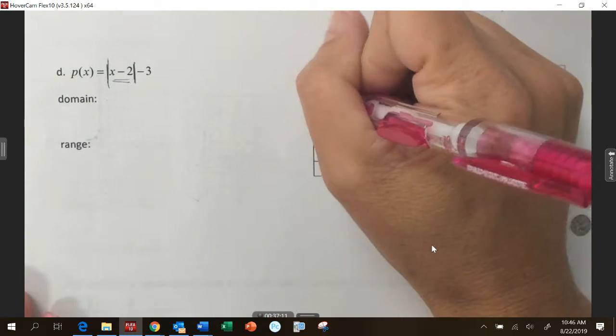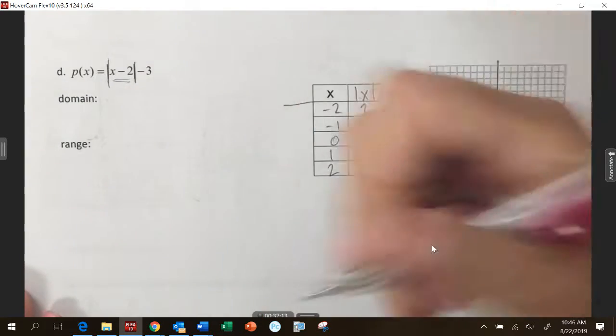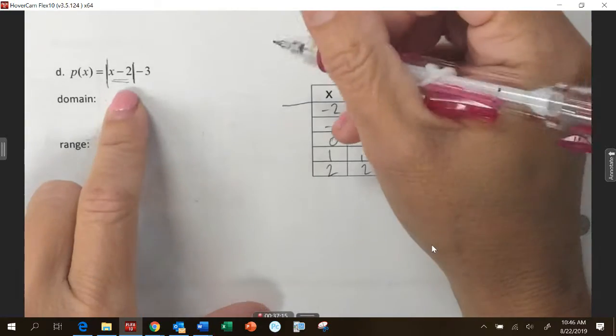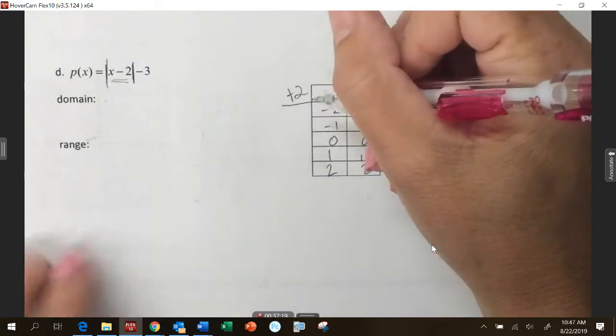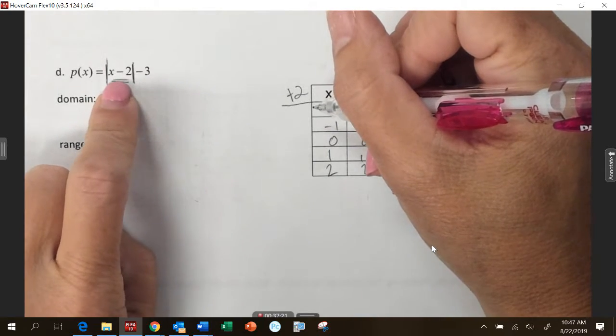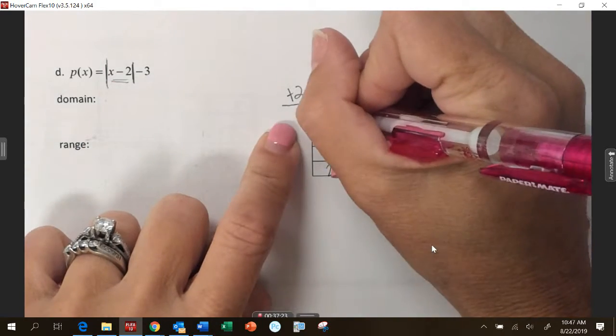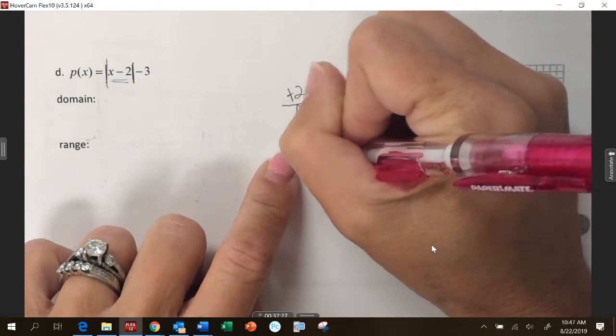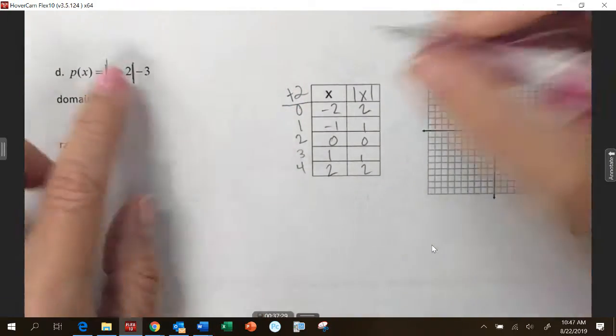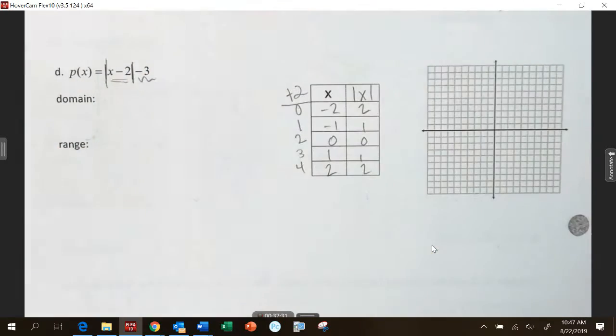Thank you, Pop. So on my x side, and remember, if you're remembering horizontal stuff, we always do the opposite operation. You're going to be adding 2. It's kind of like you're undoing what's being done to the x. So it's going to give us 0, 1, 2, 3, 4. And then the negative 3 happens after we absolute value, so that's happening after the function.